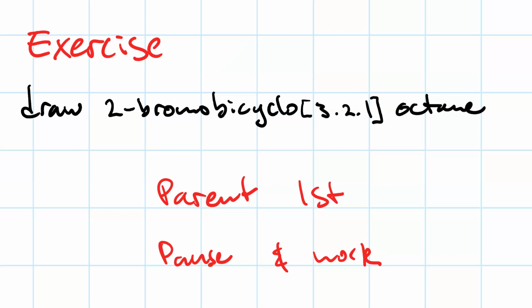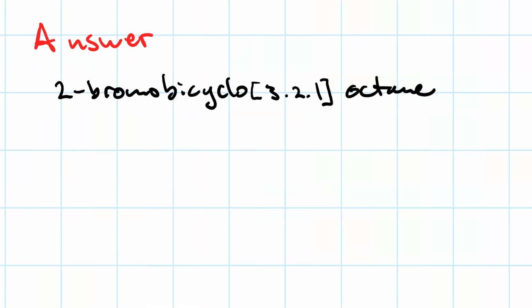Don't resume your video until you have your structure completely drawn. So here's the answer. The parent first. The bicyclo 3.2.1 octane. So we've got a 3-carbon bridge, a 2-carbon bridge, and a 1-carbon bridge.